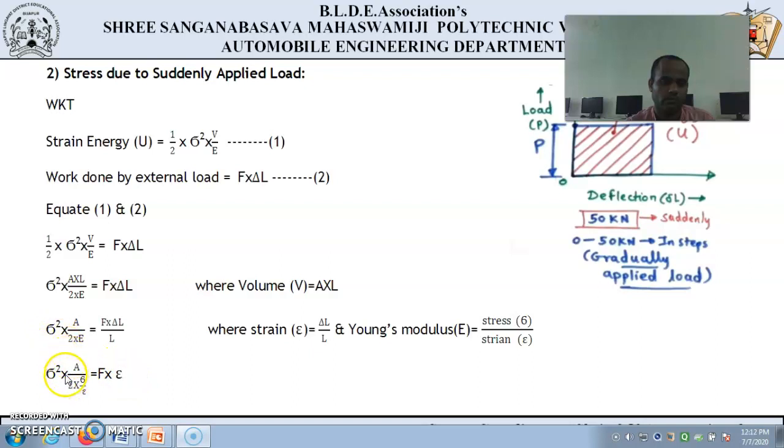E is the Young's modulus, that is stress by strain. If you reverse it, sigma square into A into epsilon by 2 sigma equals F into epsilon.